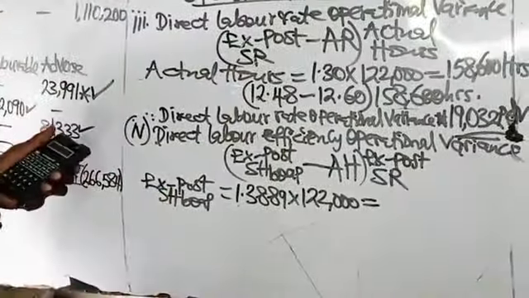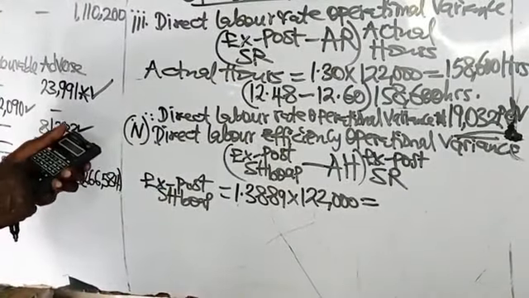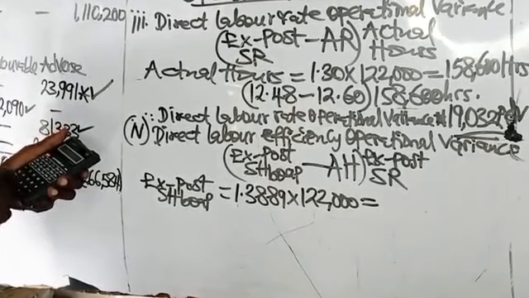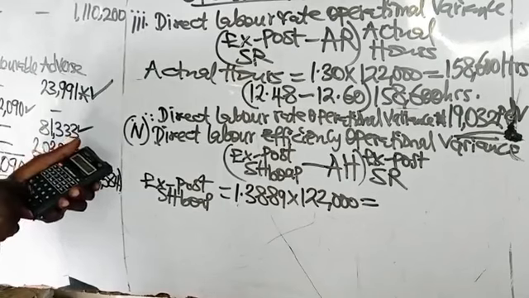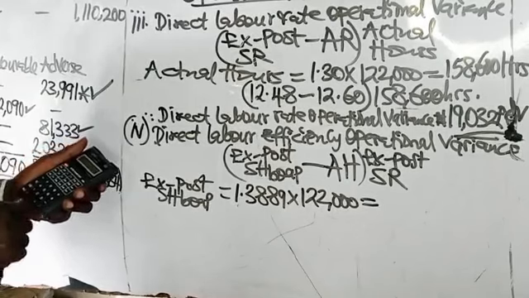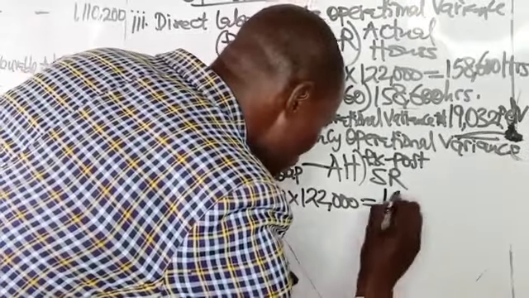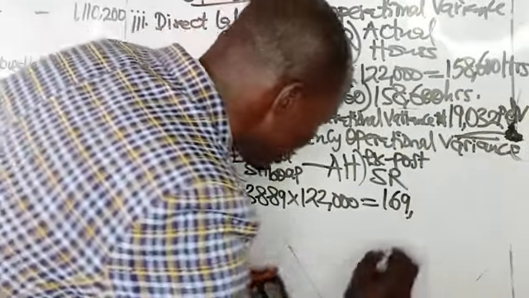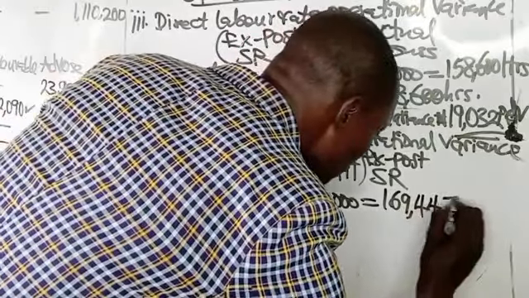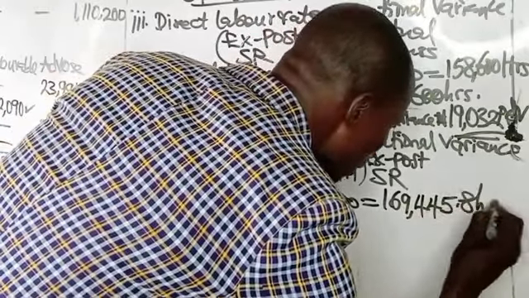So 1.3889 times 122,000. So we have 169,445.8 hours.